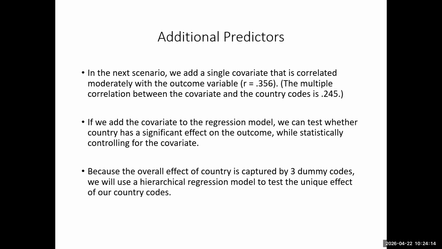Okay. Now, because we've got 3 dummy codes capturing contrasts among our 4 countries, I'm going to use a hierarchical regression analysis so we could get the incremental variance of the test of the codes, and then we could also get the various pairwise contrasts.